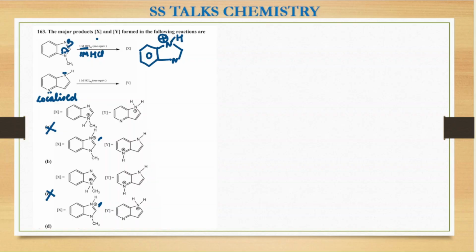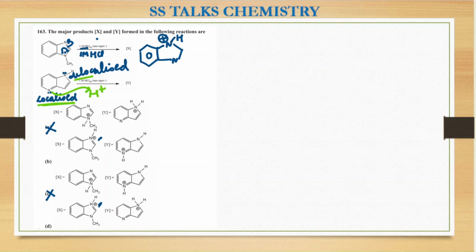So this is basically your delocalized electron density. The one with the localized electron pair can provide more electron density to the acidic medium, so it will be protonated easily as compared to the delocalized lone pair of electrons.